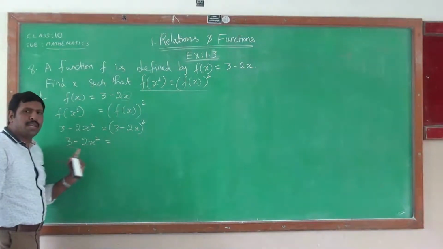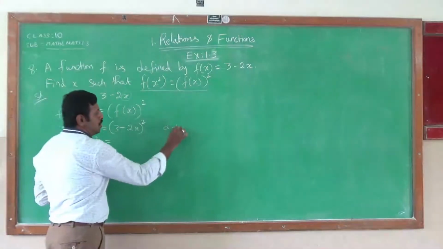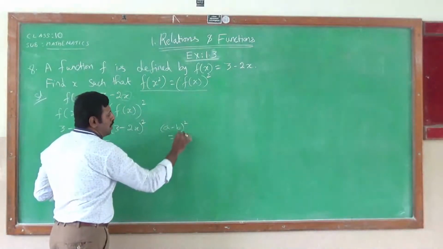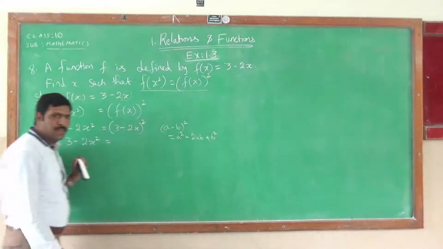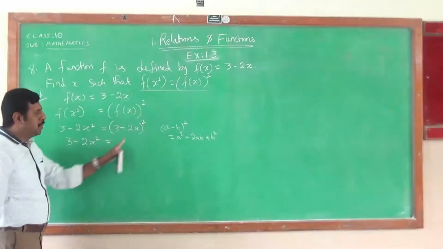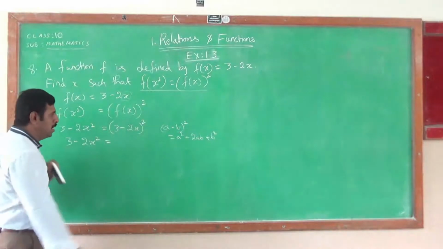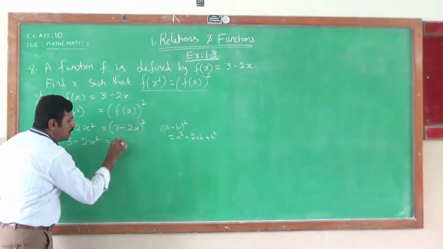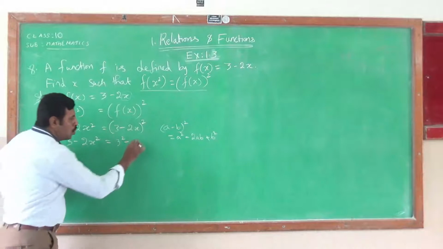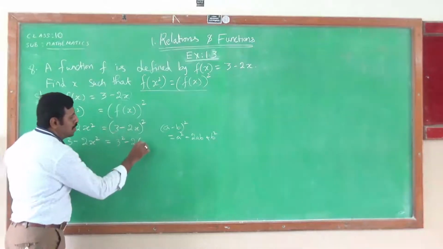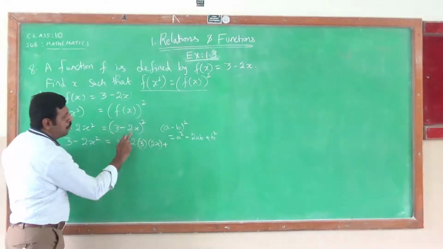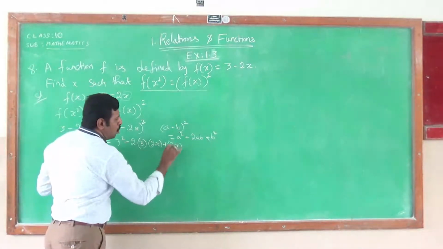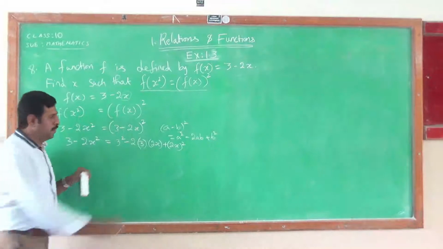This is in the form of a minus b whole square, right? Is equal to a square minus 2ab plus b square. So in the place of a is 3, in the place of b is 2x, right? So a square means that is 3 square minus 2 into a place is 3 and then b place is 2x plus b square is 2x whole square.